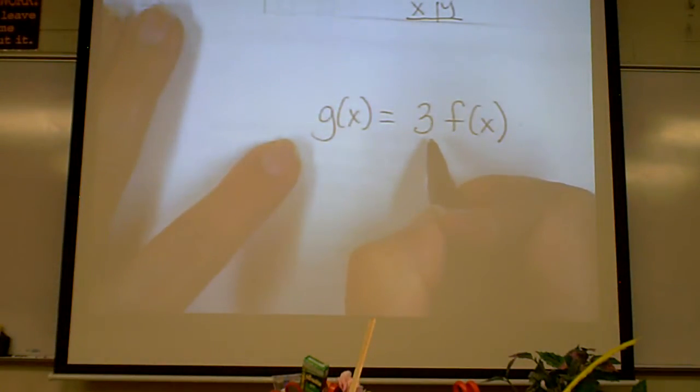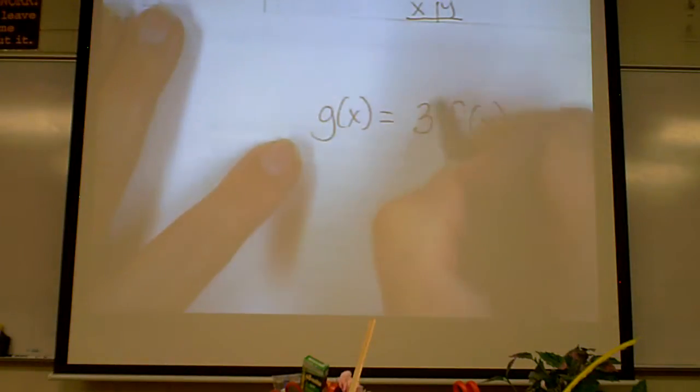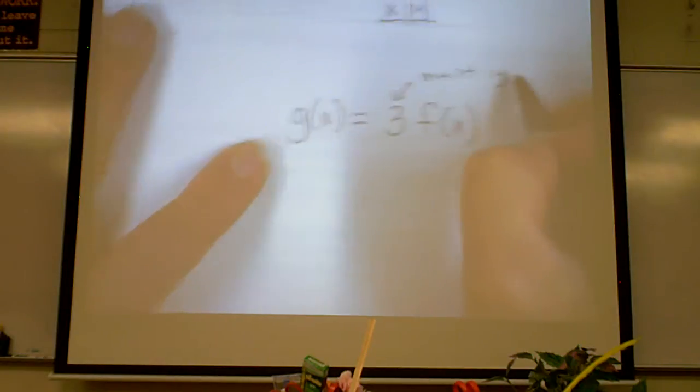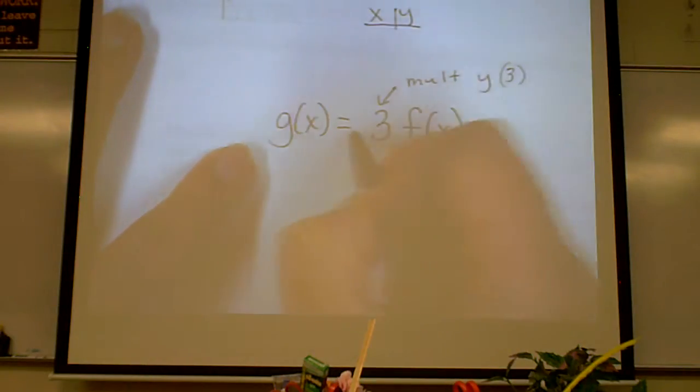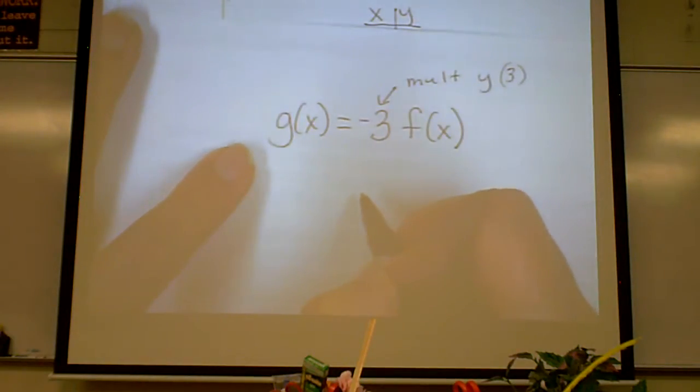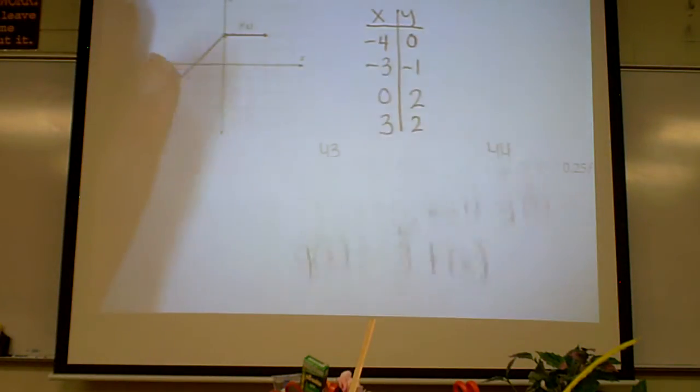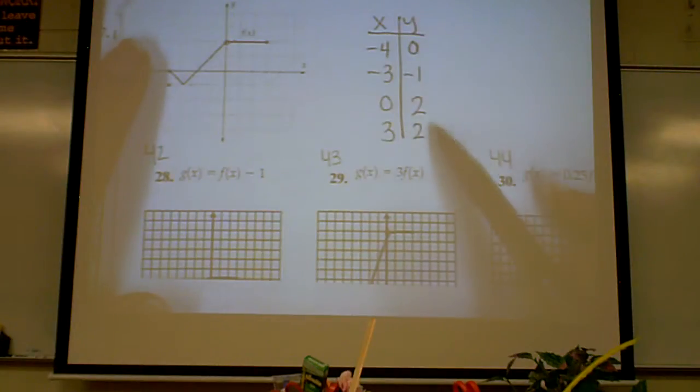Multiply the y values by 3. You got it. This means you multiply the y values by 3. What if it was a -3? You multiply the y values by -3. What y values am I talking about? These ones. And you leave the x the same.